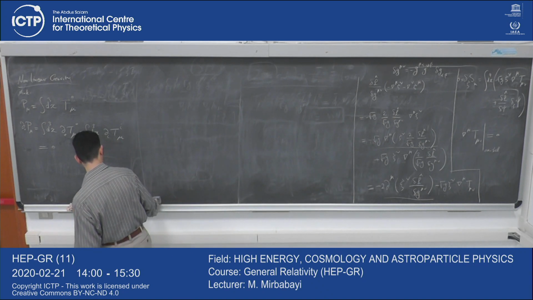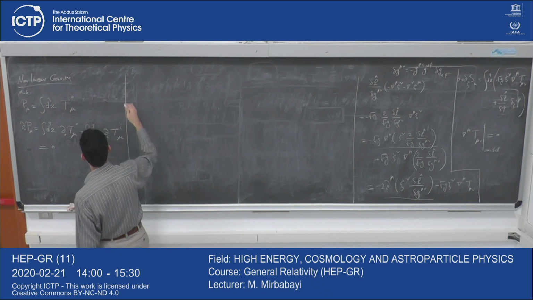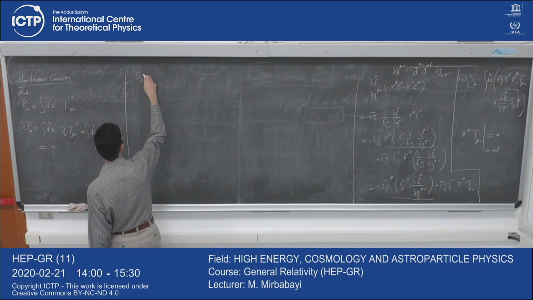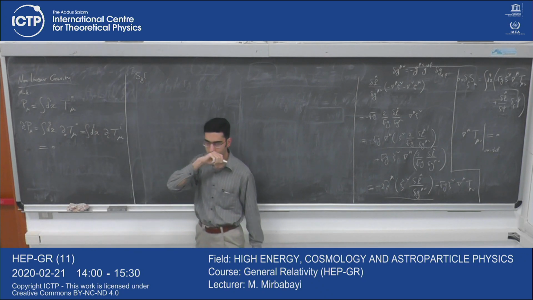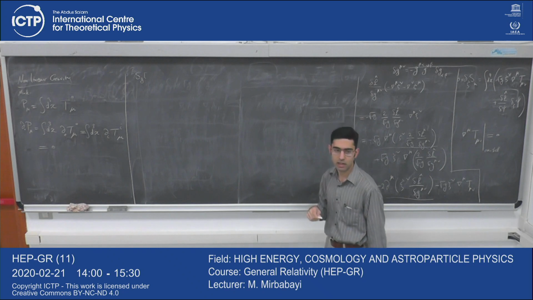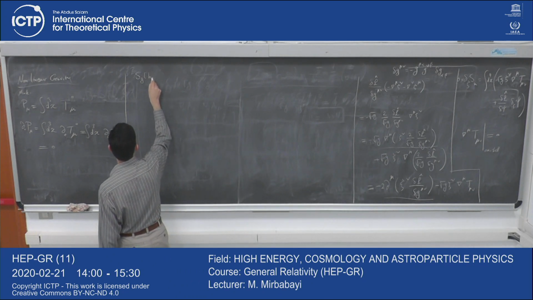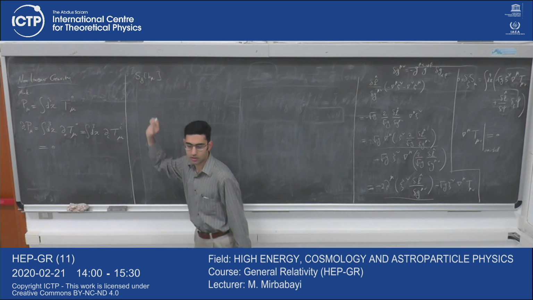So before saying that, let me just say something about the gravitational part. So we said the total action has a matter part, which we now understand what to do with. And then there is a gravitational part that is a function of h mu nu. And again, it has to satisfy that condition.